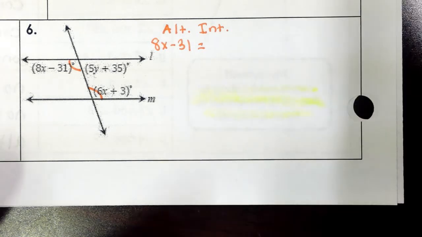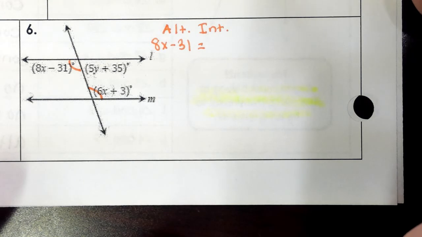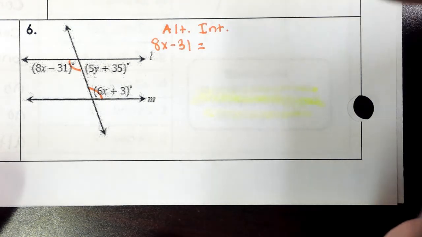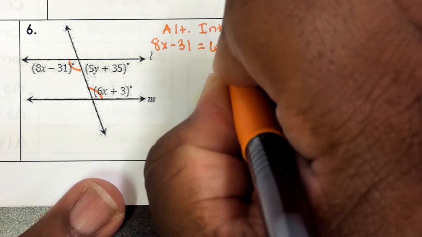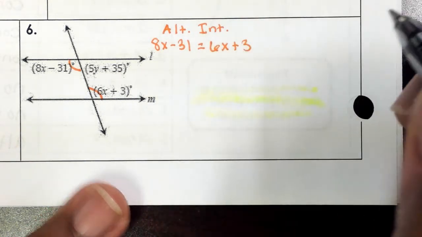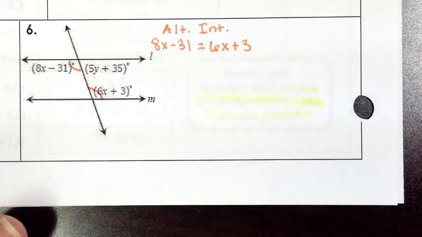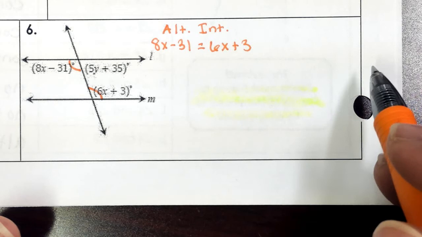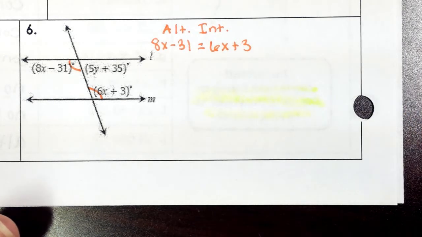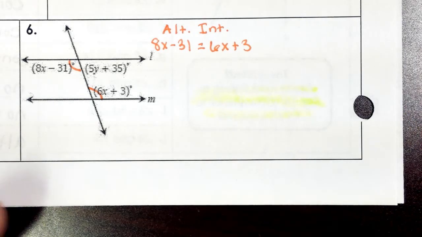So what's the equation? 8x minus 31 equals 6x plus 3. Make sure I save room out here too, because we got more to do. I probably actually use too much room, but I'm fine. I'll make up for it. We need to solve for X first. Once we solve for X, I'll show you what we're going to do next.